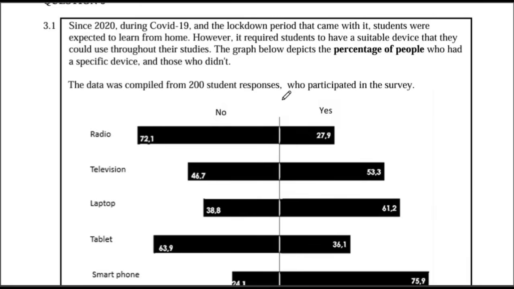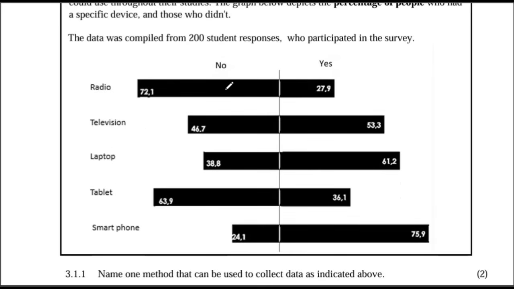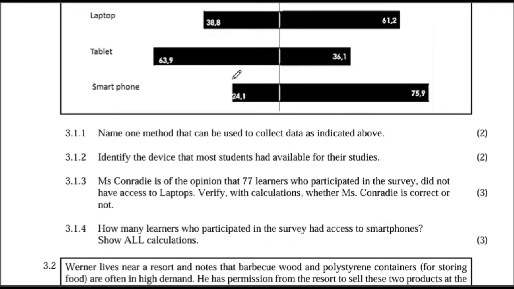However, it required students to have a suitable device that they could use through their studies. The graph below depicts the percentage of people who had a specific device and those who didn't. Okay, the data was compiled from 200 students' responses who participated in the survey.